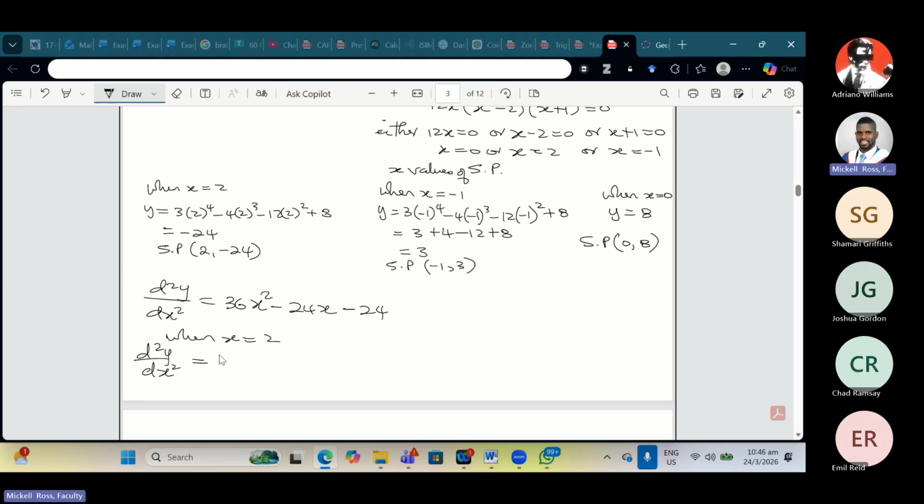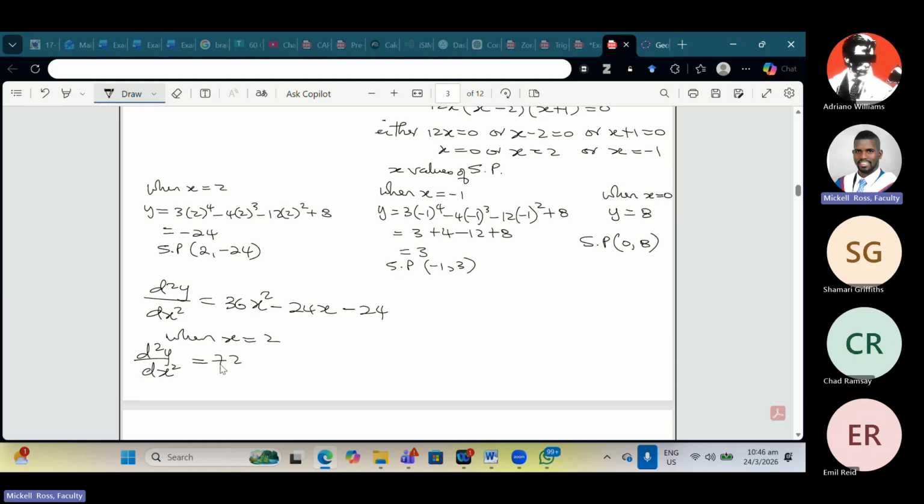So this is going to be equal to 72. So that is greater than 0. So we're going to have a minimum. So the stationary point that is 2, negative 24 is a minimum point.